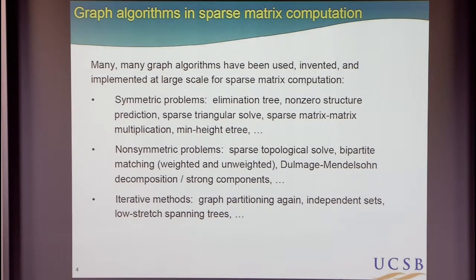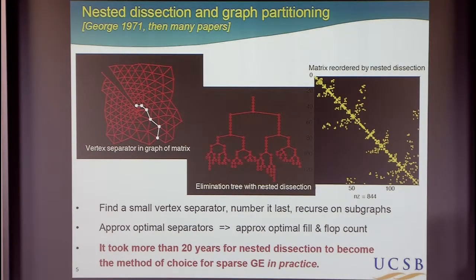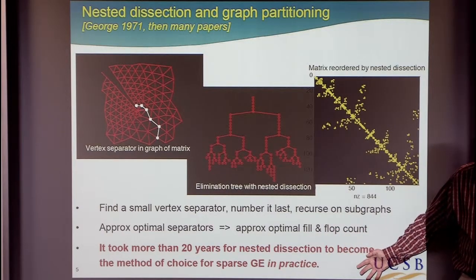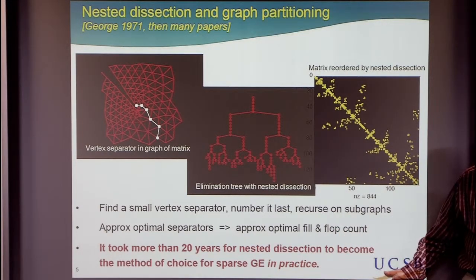That's a different talk. But the point I want to make here is that nested dissection took something over 20 years to go from an algorithm with an implementation for a special case to the algorithm that everyone used for doing sparse Gaussian elimination.